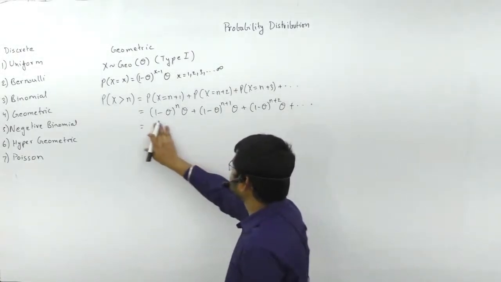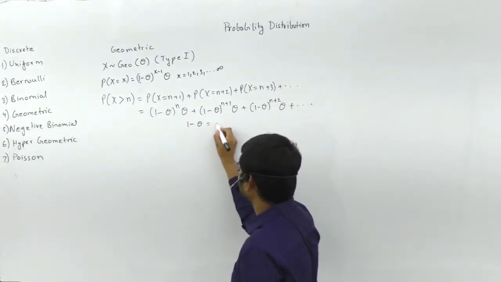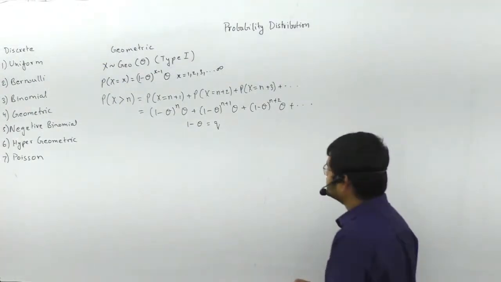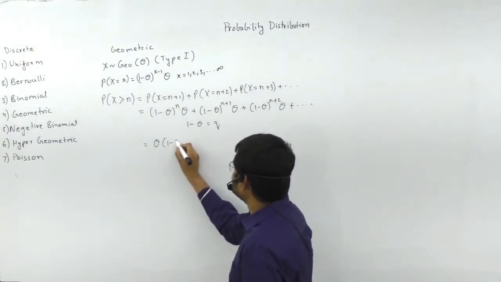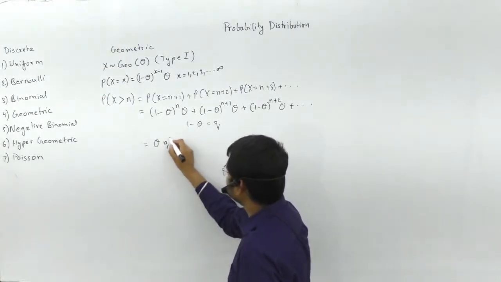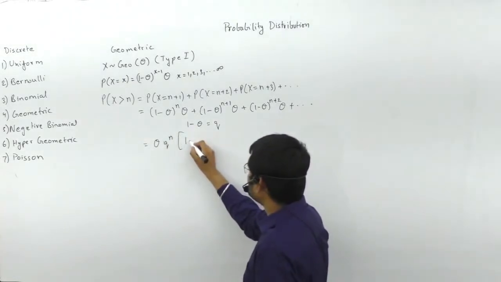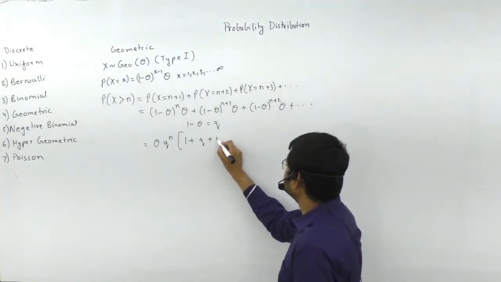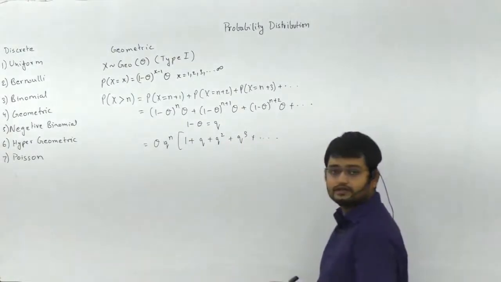Now here I can take theta as common, and just for the sake of writing I am keeping 1 minus theta as q, just so that I don't need to write 1 minus theta again and again. So I can take theta as well as q raised to n common, and I am left with 1 plus q, then q square, then q cube and so on till infinity.